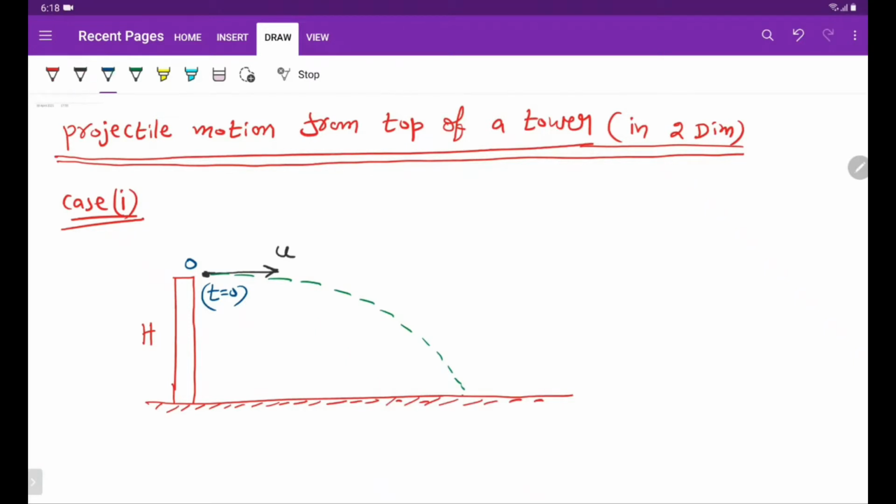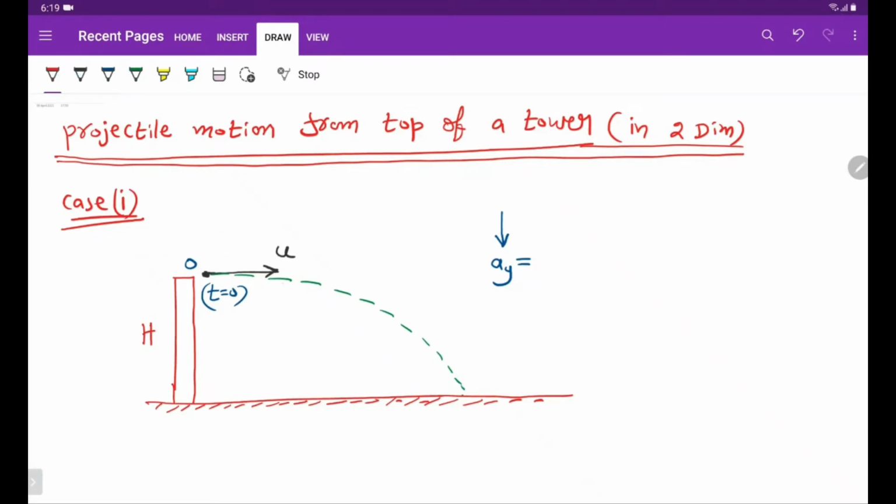Here gravity is acting vertically downward. So this is Ay, we call it Ay. Ay is g, we know. But is it minus g or plus g? When I project a particle horizontally, it will always go down. So take the downward direction as positive.